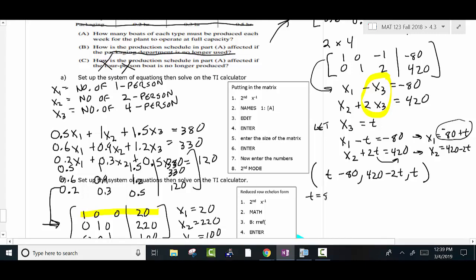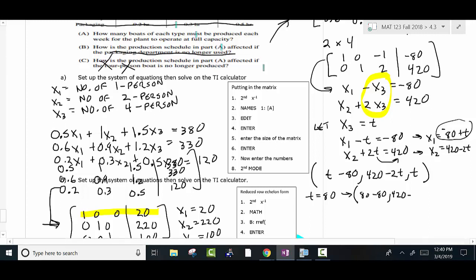So let's start this way. Let's just say t is 80, and then plug in. Everywhere you see a t in that answer, just plug in. So you would have 80 minus 80. Yes? I have a question. In the t minus 80, 420 minus 2t, why is there a t at the end if there's not a third? Because that's what x3 is.